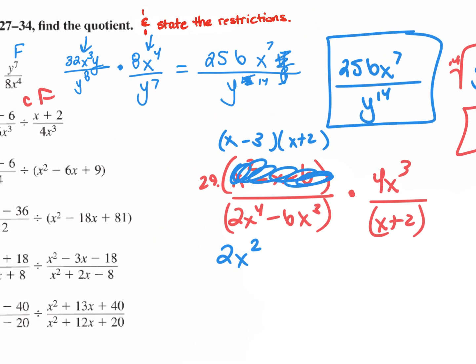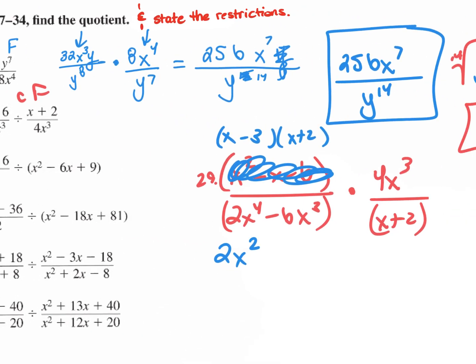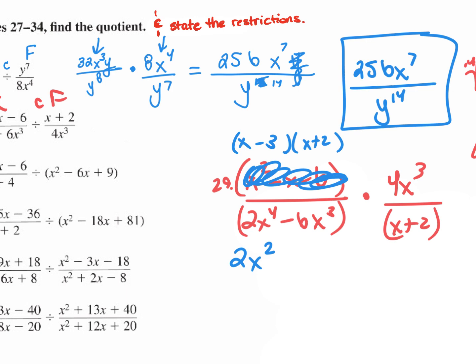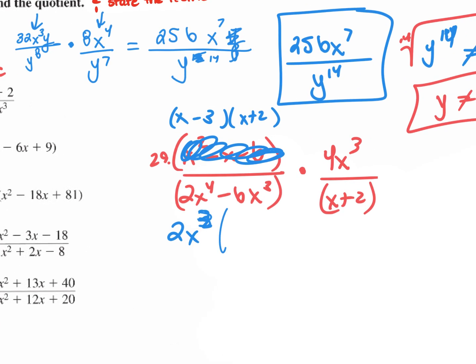Is that a 2 or 3? It's a 3, so I can take out 2x cubed, right? So I'm left with x minus 3, okay. x plus 2 is good, 4x cubed is good.